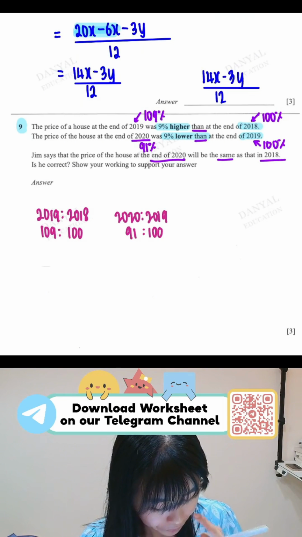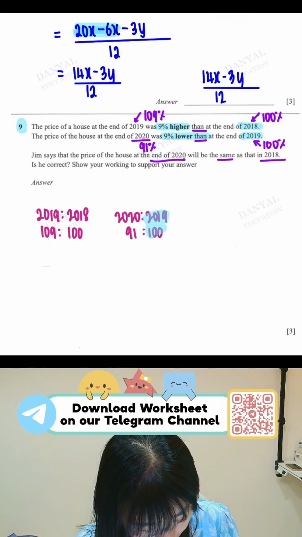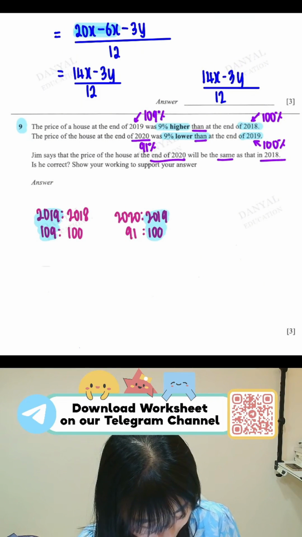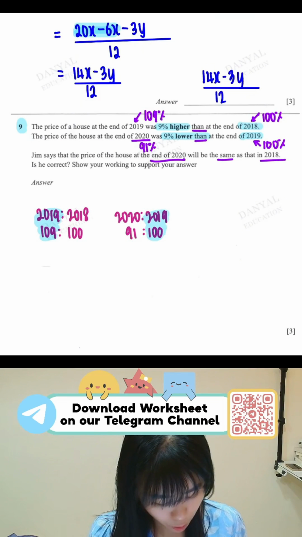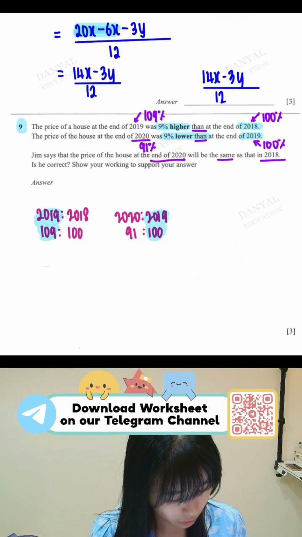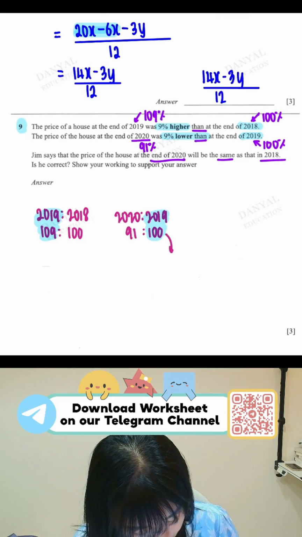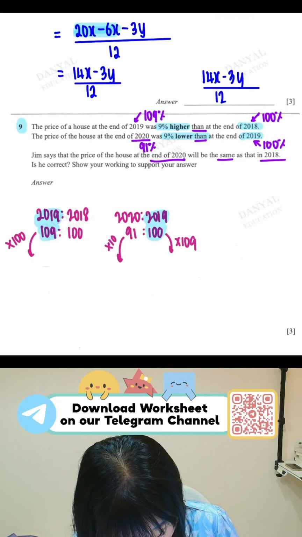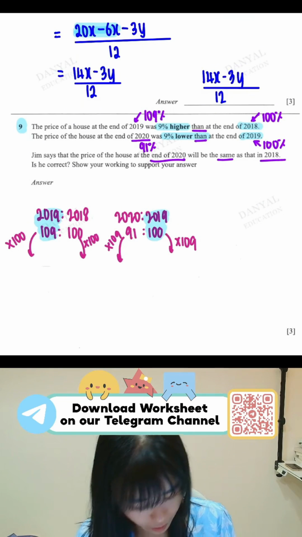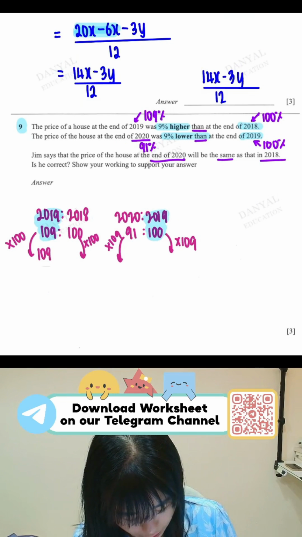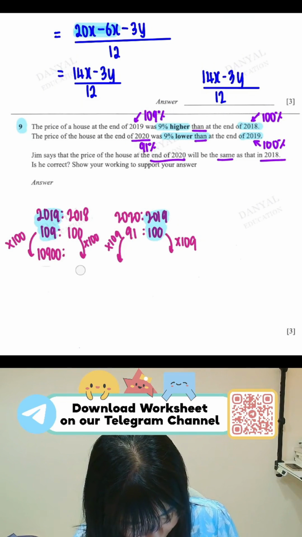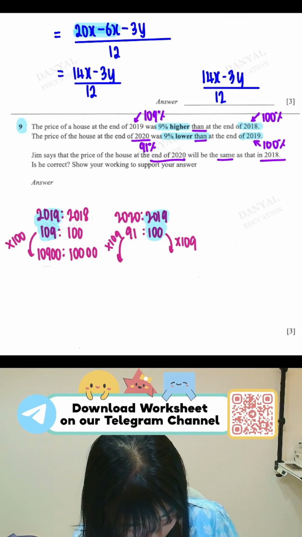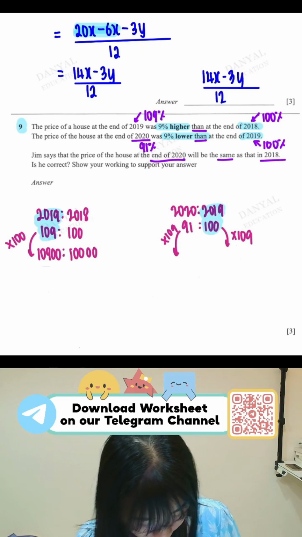Then for the repeated item, for primary 6, you're going to make 2019 the same. To make it the same, wow, the number is going to be very big for this one. No choice. So I will times 109 here, and I will times 100 here, to make it the same. I get 10900 here, and here I will times 100.